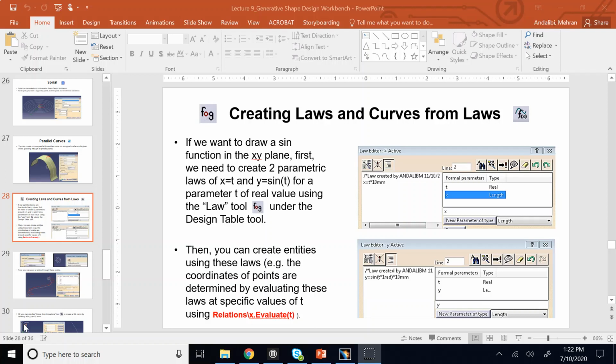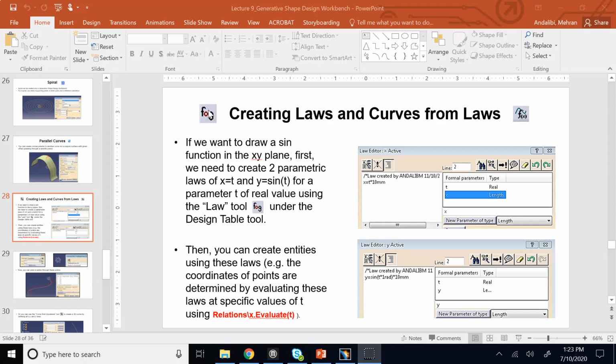So in parametric design, we learn how to create equations, how to create parameters, and how to apply them. Now, a little more advanced topic is creating laws, which are basically functions that you can evaluate at different values of parameters and use those to create the coordinates for basically curves for which the equation follows a law, right?